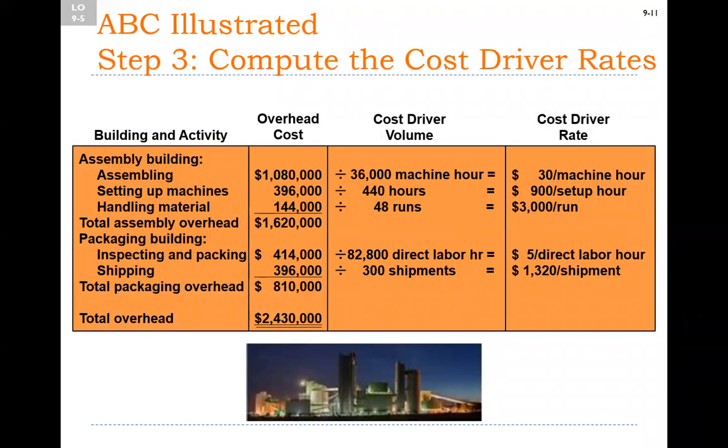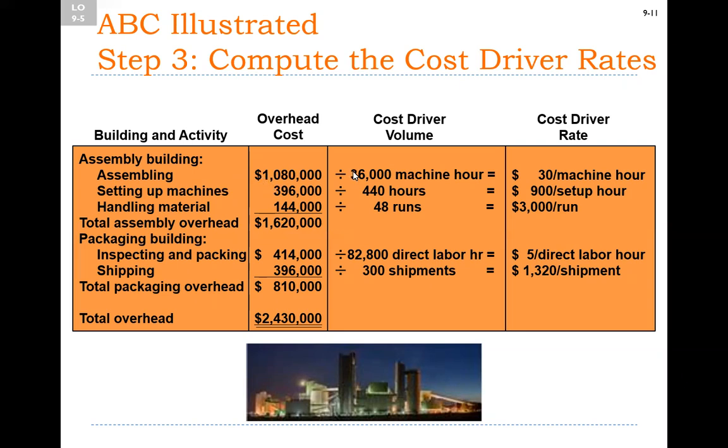In step three, this is the first time where we have to do some real work in terms of calculating. Now we get to see what these overhead rates are. We compute these rates by taking the estimated costs for each one of our activities. In this case, it may not be estimated costs, it may be after the fact, so these may be actual costs. But the point is we're looking for the overhead cost, or that indirect cost.